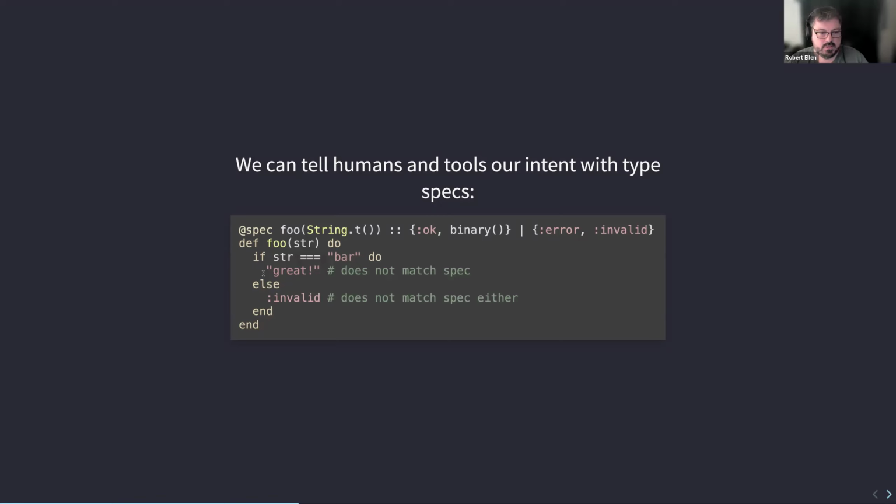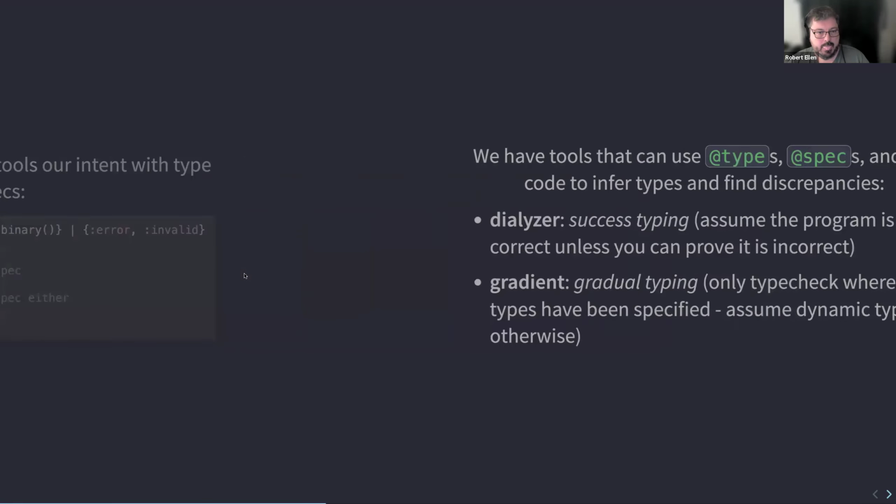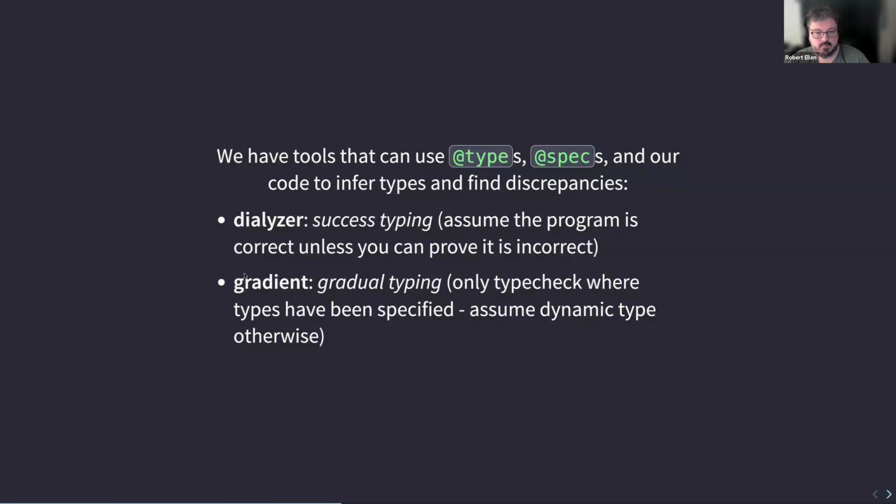Here a human can read this code and see that there are two problems, because we're not wrapping up our result in OK or error. We're not tagging them in those tuples, and a tool should be able to work that out by analyzing the code. Like I say, we have tools that can look at that.